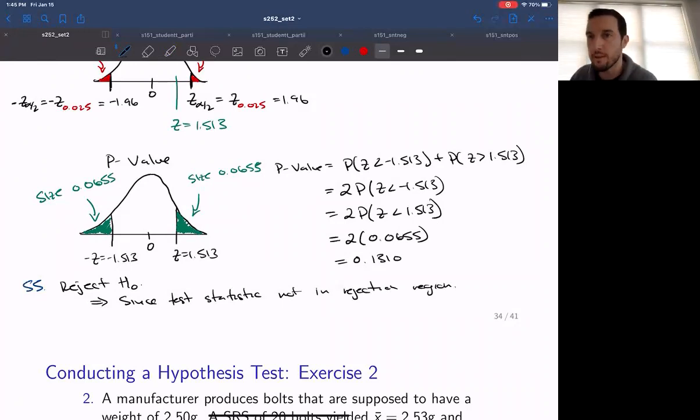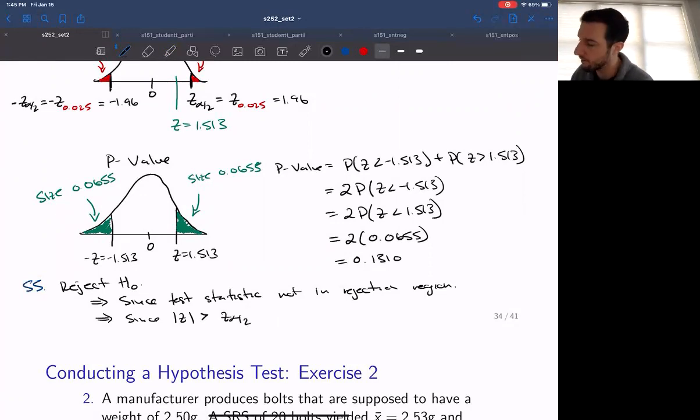If you wanted to write this in a symbolic way, you can say since absolute Z does not exceed Z alpha over 2.